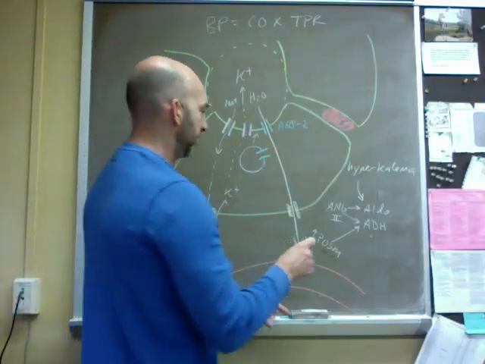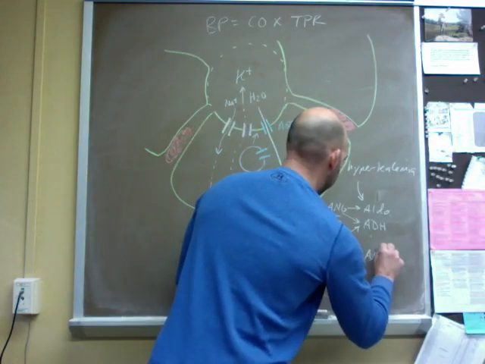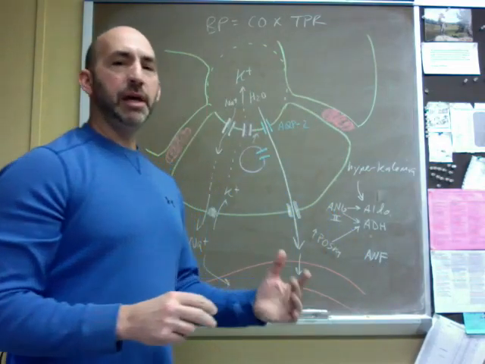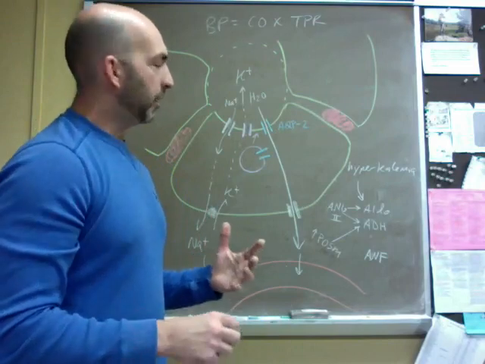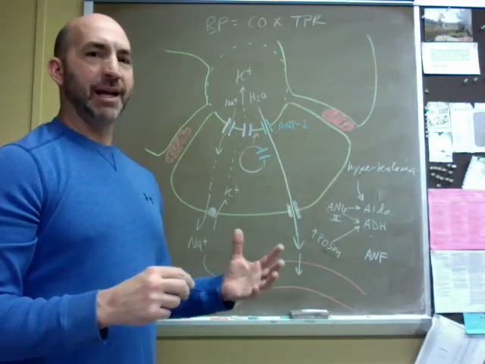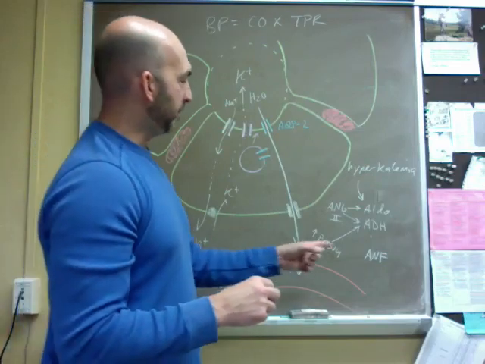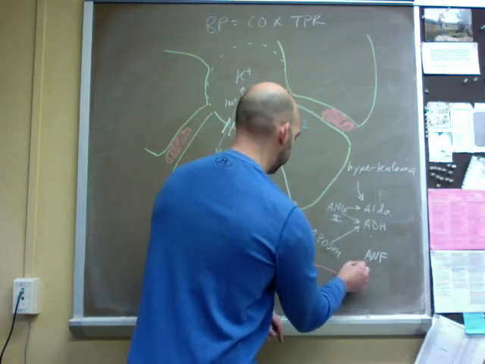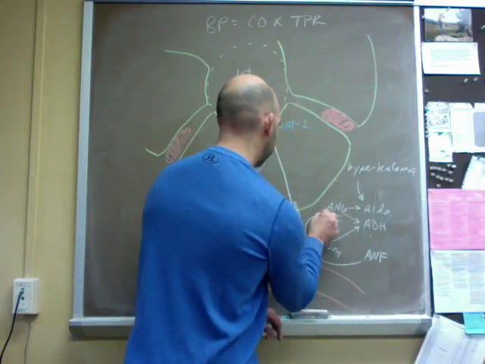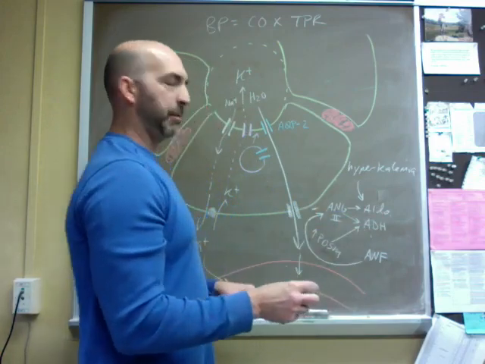Now we do have a hormone called ANF or ANP, and what ANP or ANF does, a big chunk of its action is actually through inhibition of renin. And so if you think about it, what it's really doing is just inhibiting this whole system I just explained.